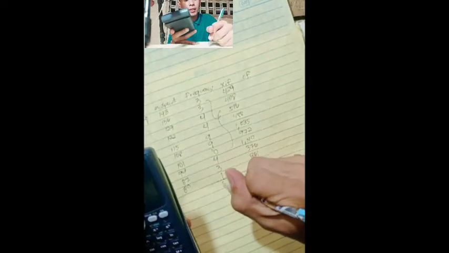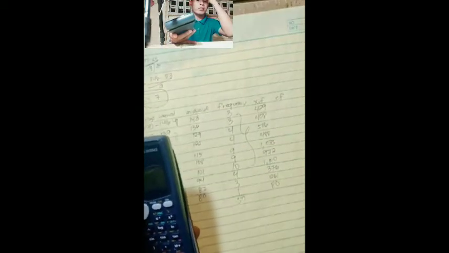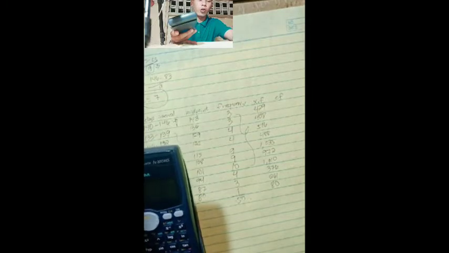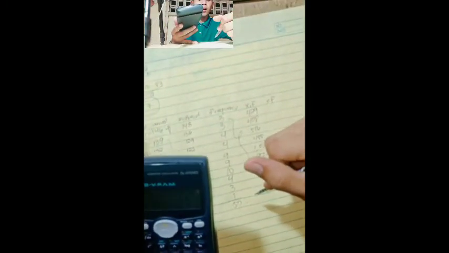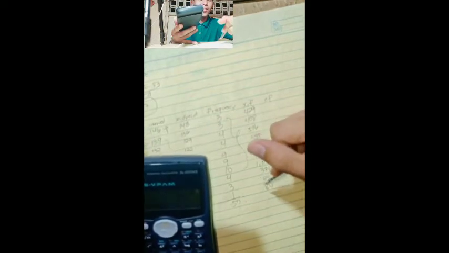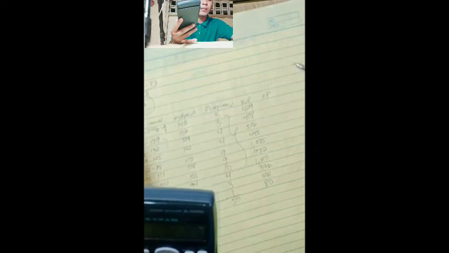Okay, in getting the summation of frequency, the total of frequency should tally to the number of scores. If they are not the same, the result of this group table will not be correct.